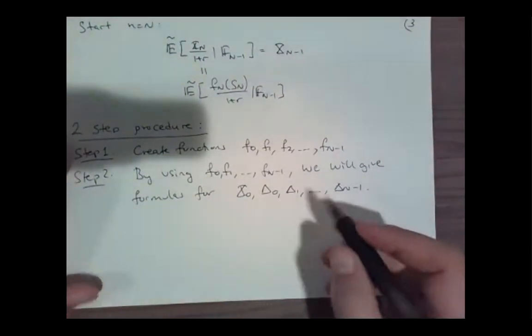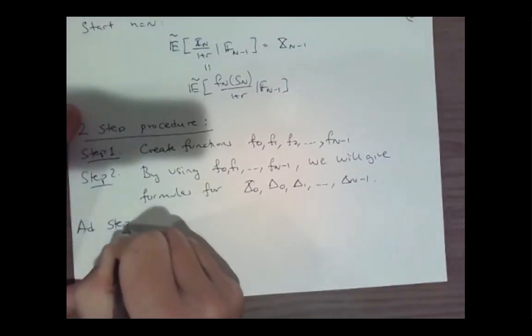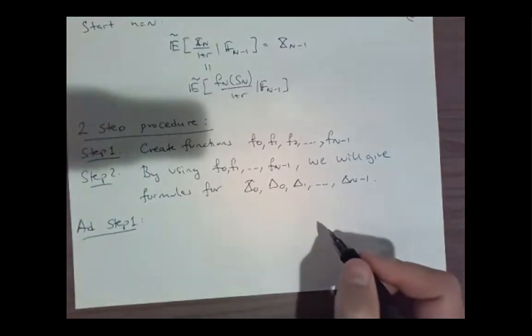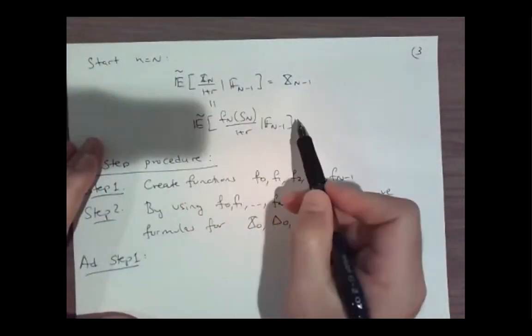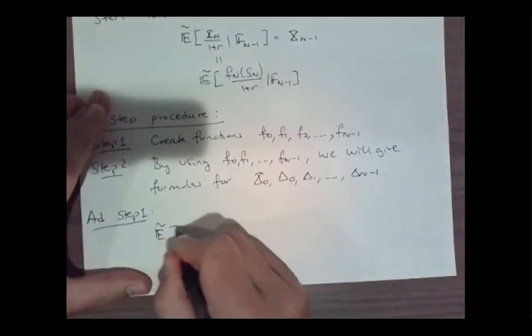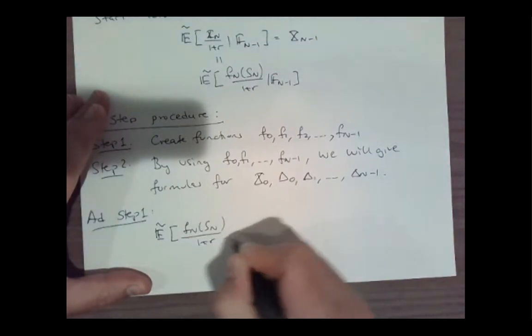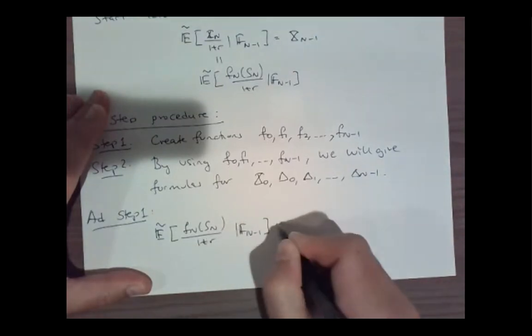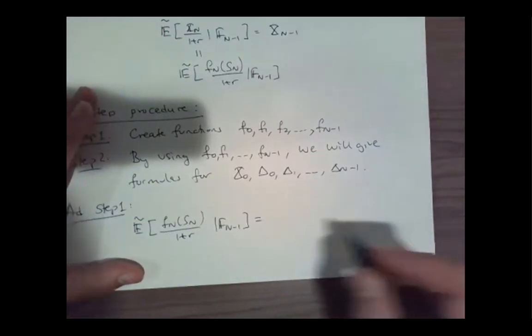Okay, so how do we do it? In step 1, the first thing we're going to do is calculate this conditional expectation. So we're going to compute f_N of S_N divided by 1 plus r given F_{N-1}.